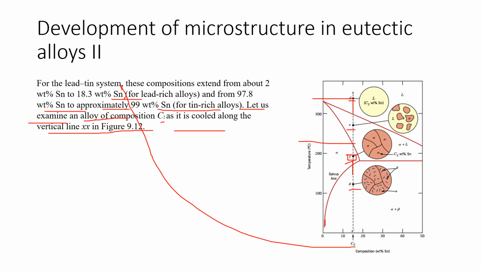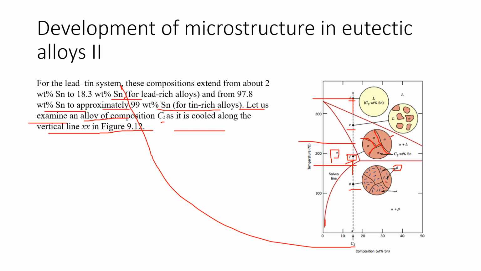At the solvus line, within the solid alpha region, if we compare the microstructure mentioned over here, all solid alpha grains are present, with no beta component. But as soon as the solvus line is crossed at this point, at this temperature below 200 degrees centigrade, beta particles begin to form.